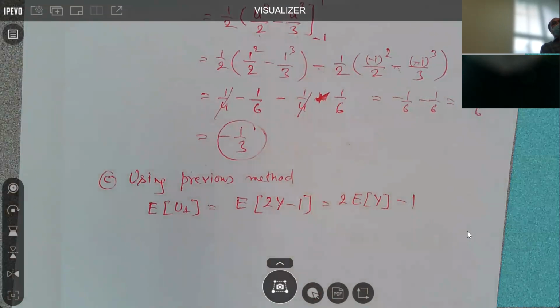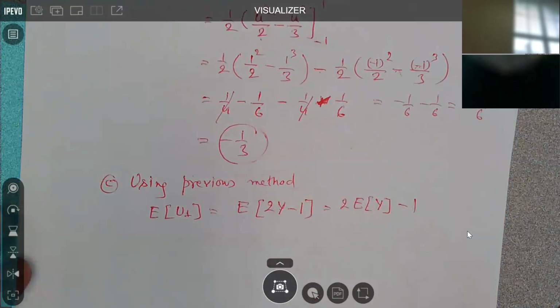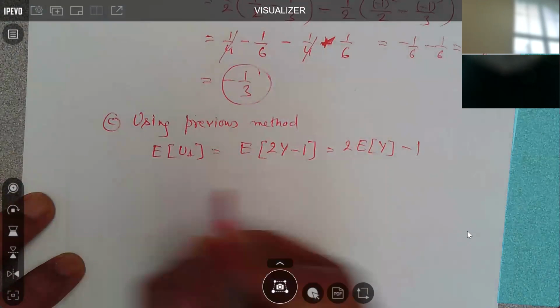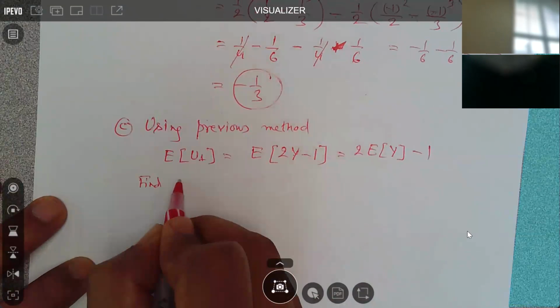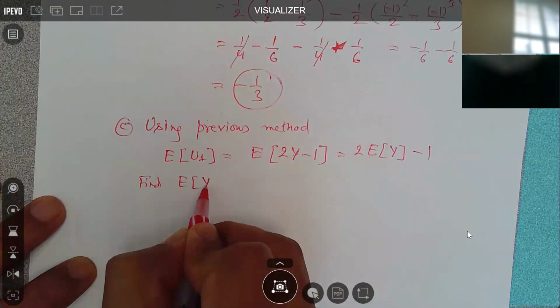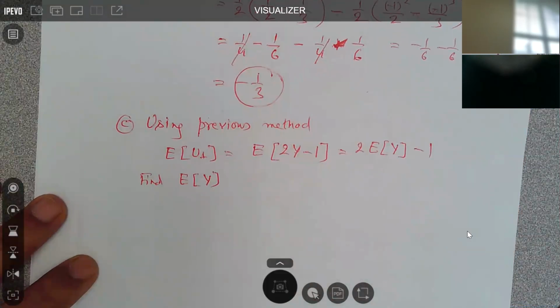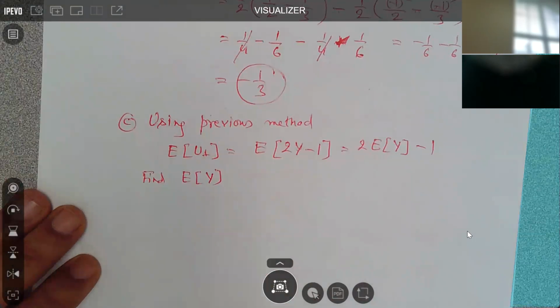Yes. Now what you do here, you find the expected value of y, right? Expected value of y.